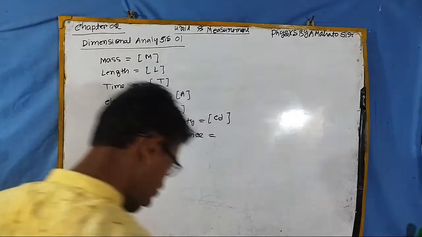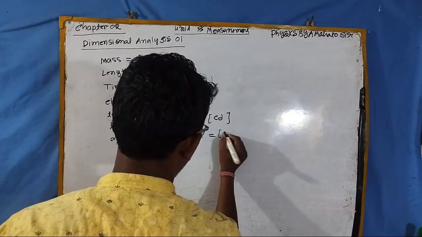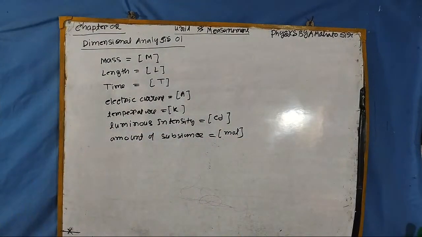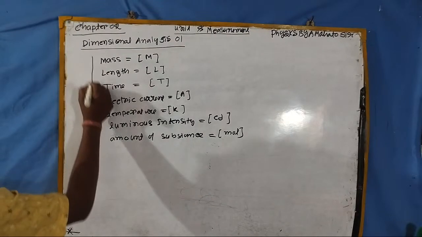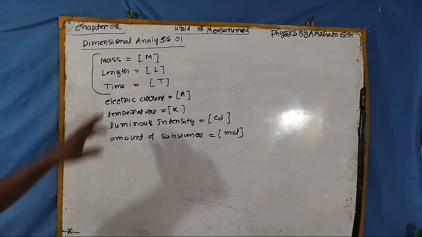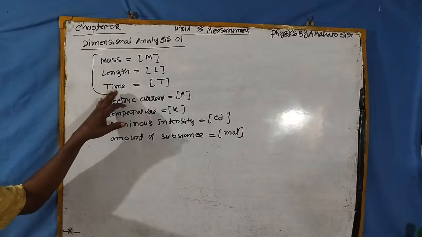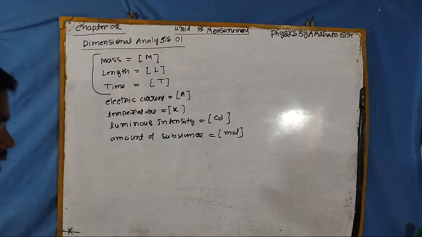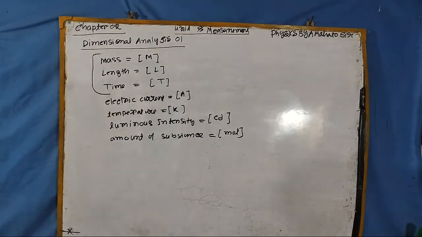Amount of substance is measured by mole. Basically, these 3 fundamental quantities are most used: mass, length, time. These 3 fundamental quantities are mostly used in dimension analysis.